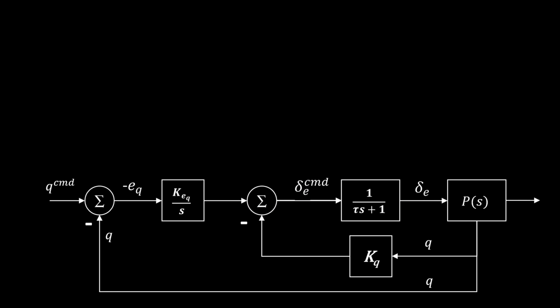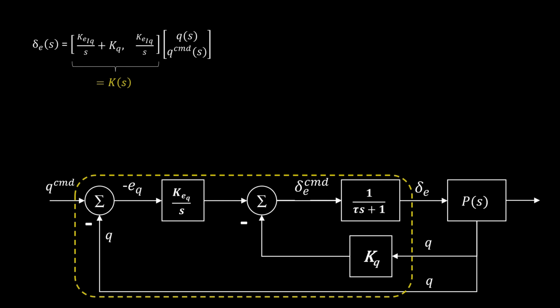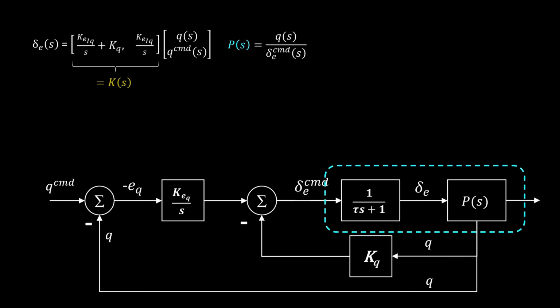Now, to determine the loop gain transfer function for our example, we first determine the controller transfer function K and the plant transfer function. Note that the plant here is the actuator and rigid body dynamics connected in series.